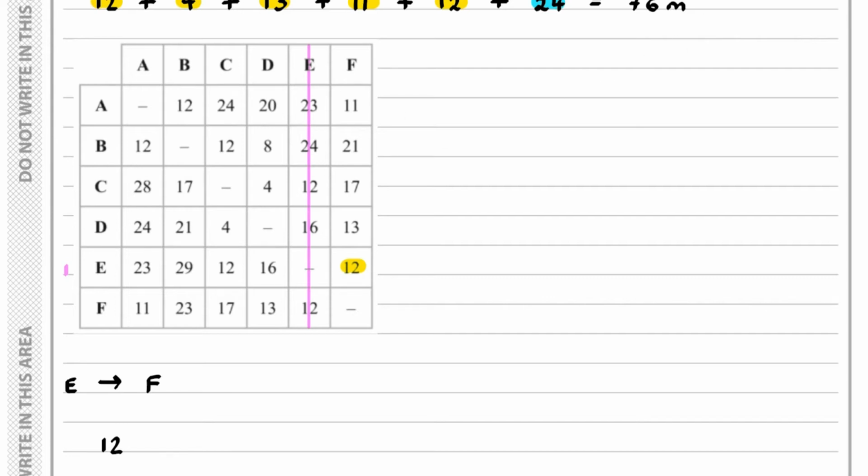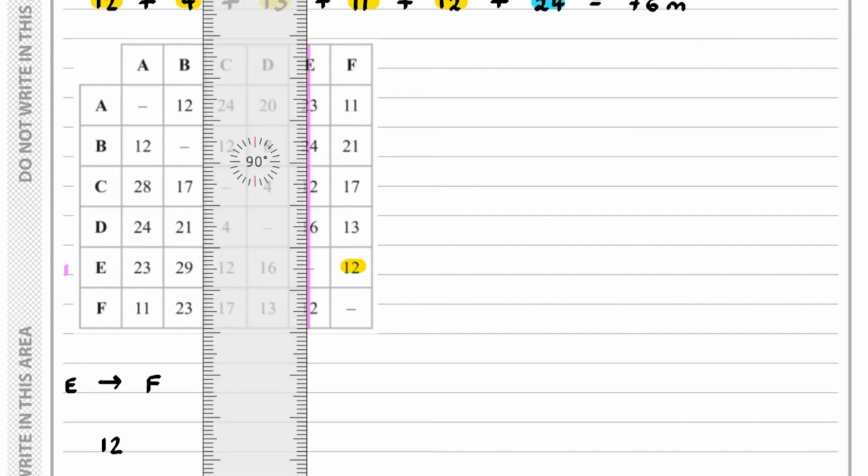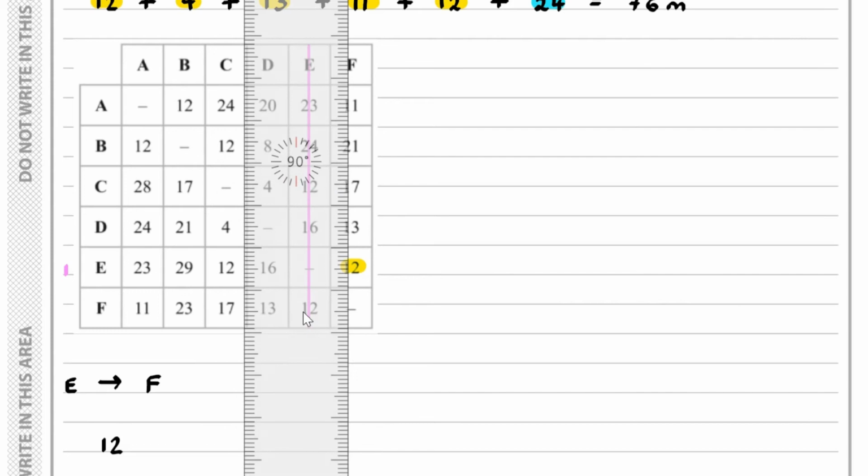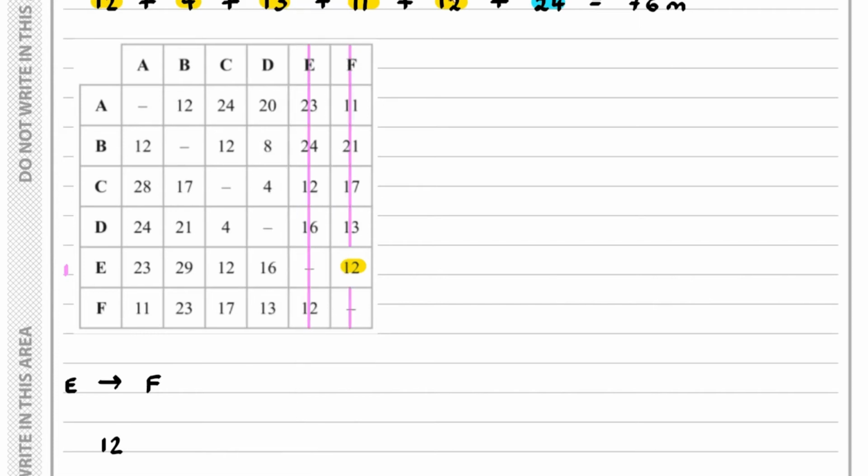And then our next step is to delete the column containing F, and we put a number 2 where F is. So now we read across F, and the smallest one is this 11.